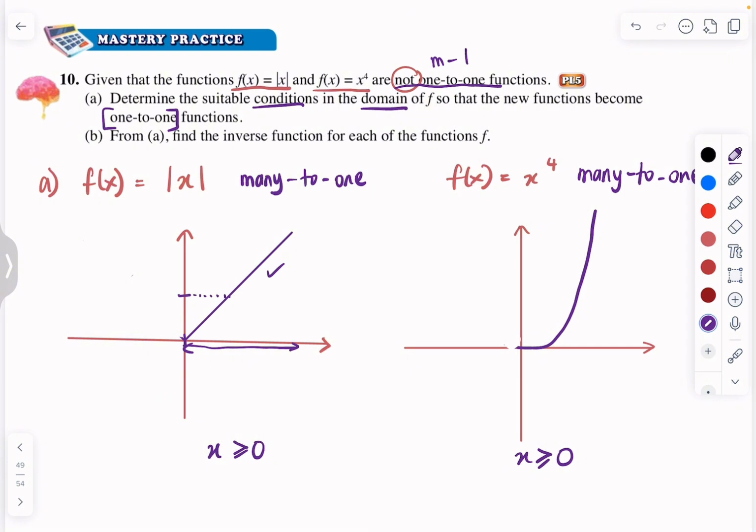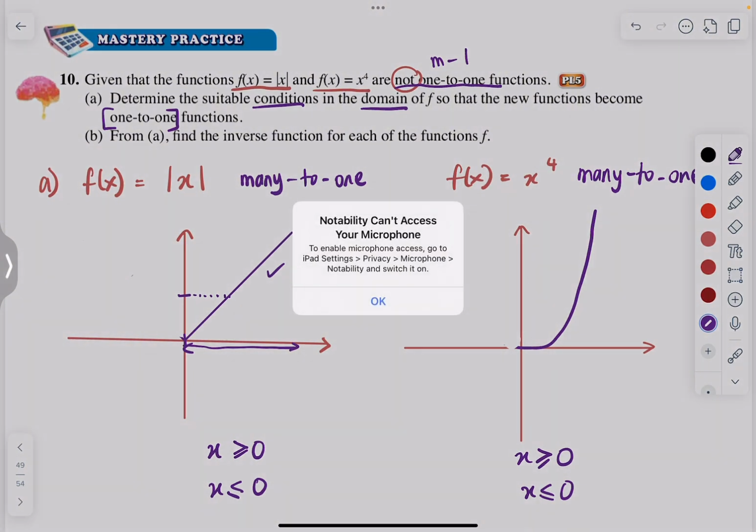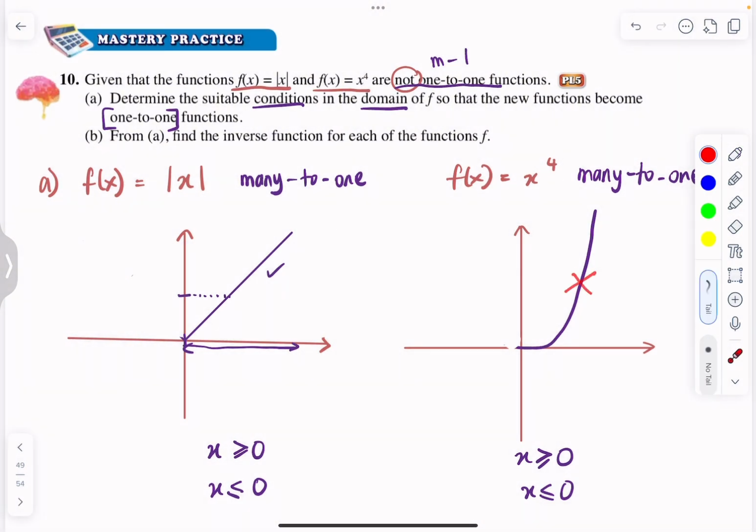Okay, you can also write x ≤ 0. No problem, because when it's less than or equal to 0, that means we are erasing this one and we are using this one. So this alone, without this, is also a one-to-one function. Either one of these answers.